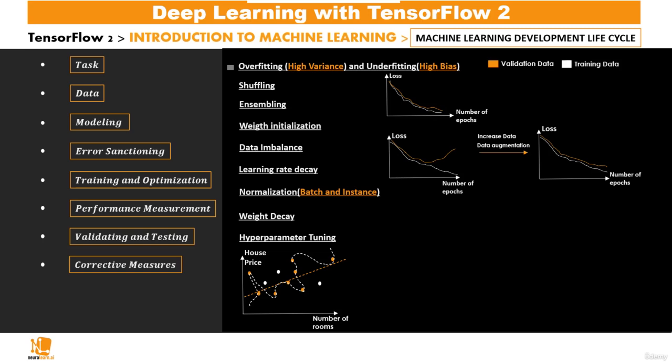The next measure we could take is data augmentation. Data augmentation simply involves using the same data you have and creating other data points from that data. This is a very common technique in computer vision and natural language processing. In computer vision, this can be done very easily since the inputs are images.